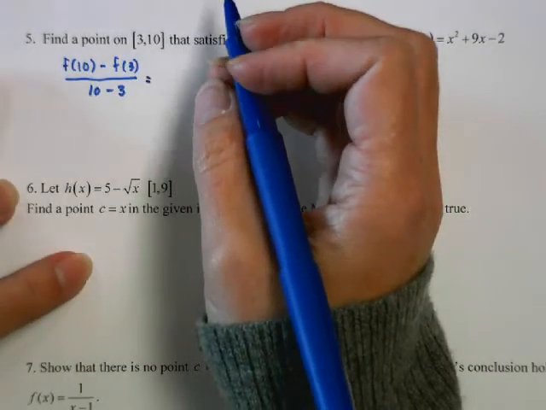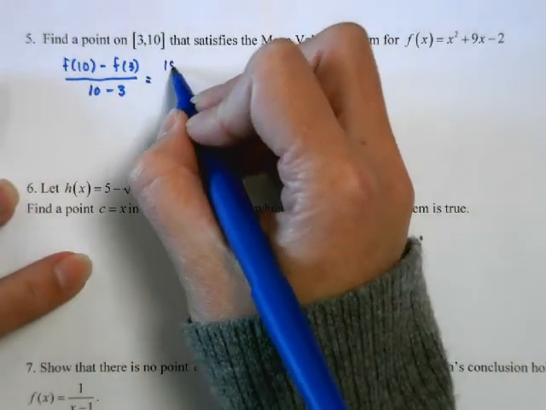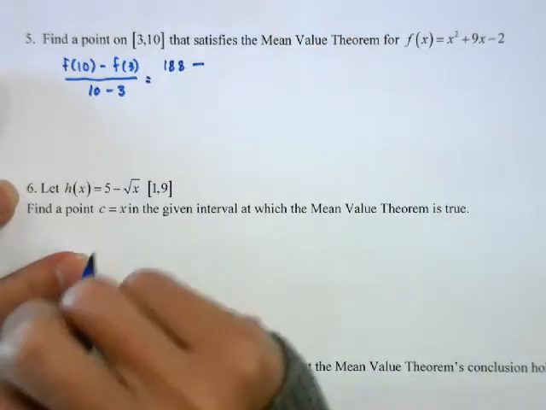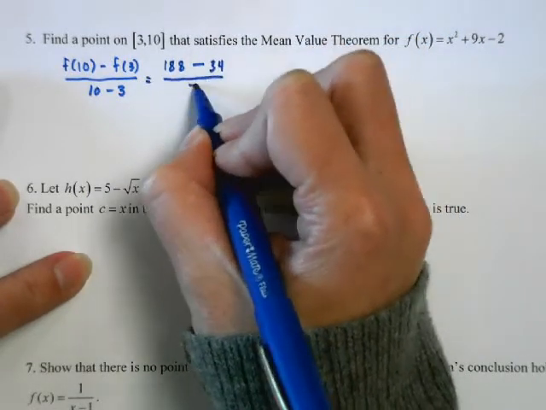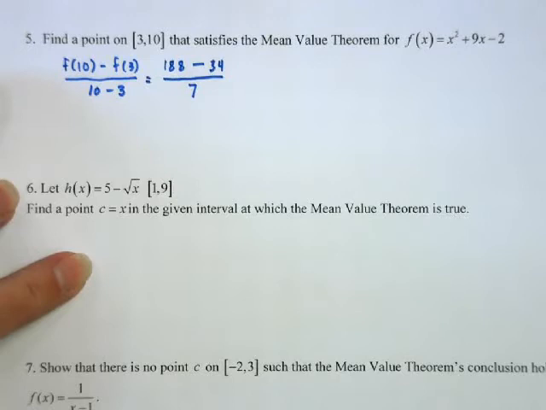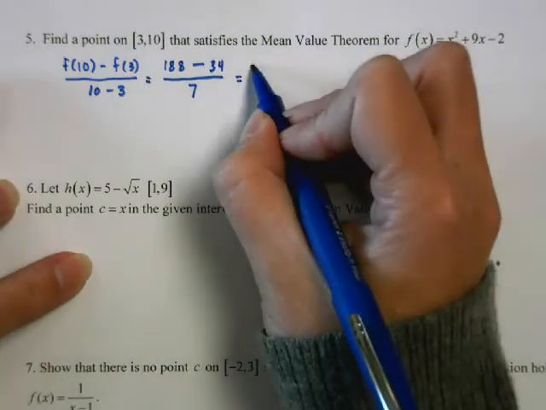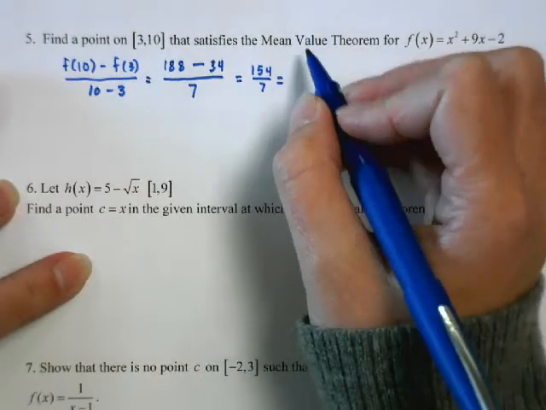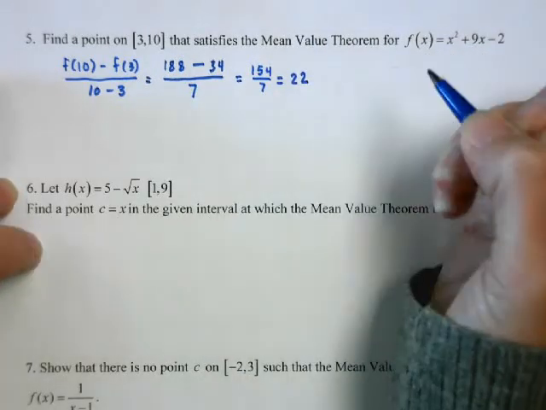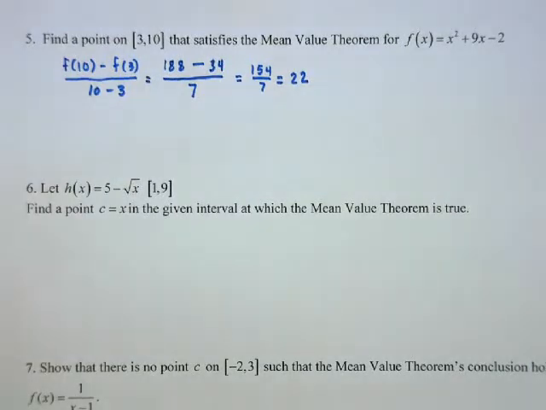When we evaluate, f of 10 is going to be 188. f of 3 is going to be 34. Okay, so that's going to be 154 over 7, which is going to equal 22. So that's the slope of the secant line.